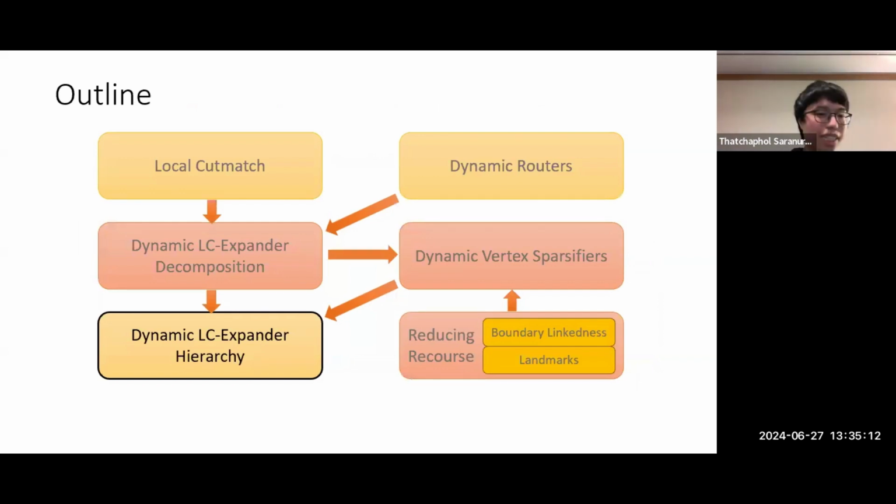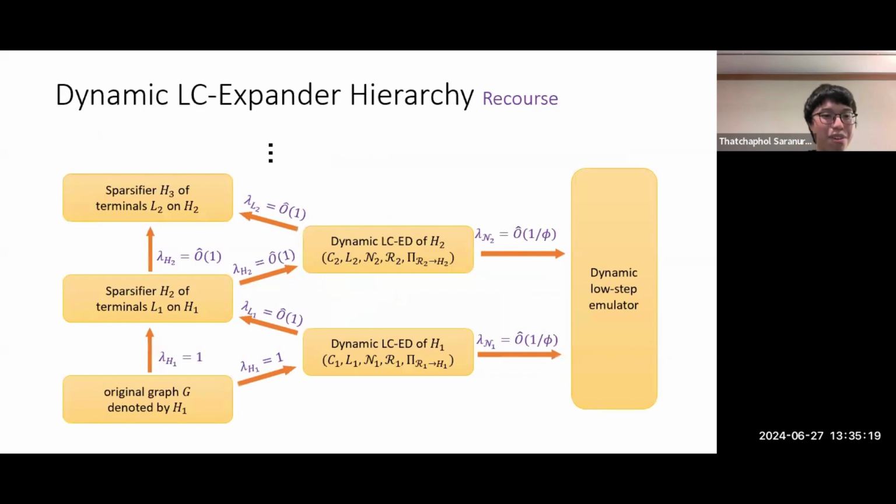With these two key ingredients, we can finally build a dynamic LC expander hierarchy. This is how we build it. We start with the original graph and then do expander decomposition.